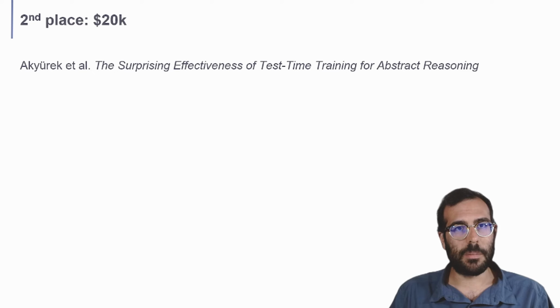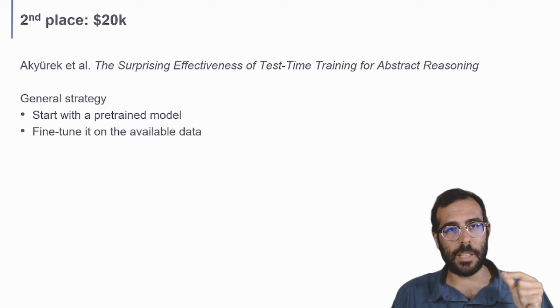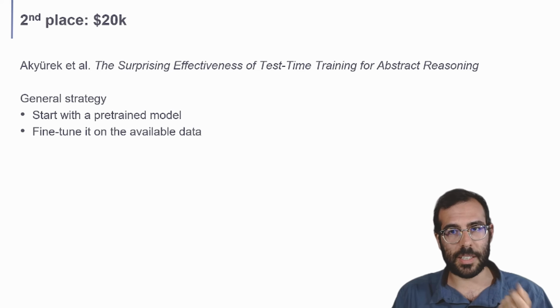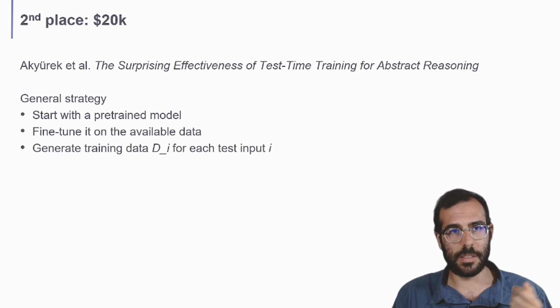The second place, so $20,000, went to this paper, the surprising effectiveness of test time training for abstract reasoning. And this paper focused on test time training. And the general strategy goes as follows. You start with a pre-trained model. Then you fine-tune it on the available ARC data. Okay, that makes sense.